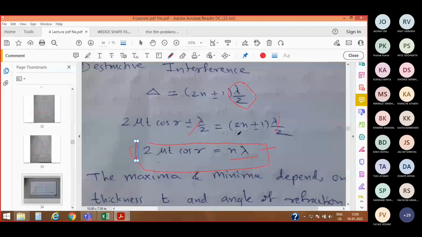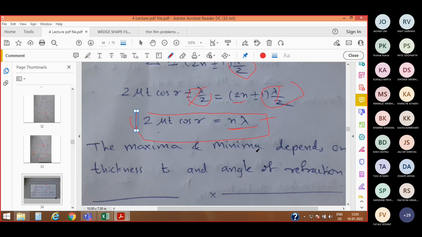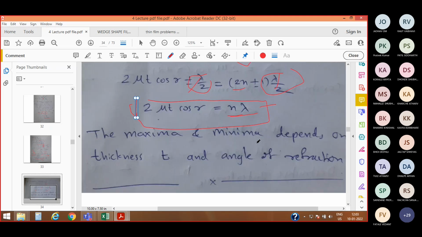And this 2n, if this comes here, then 2 cancel हो जाएगा और n आपको फाइनल आंसर मिलता है, n lambda. ये जो है, this one will cancel out with this one. But if you multiply this with this, then you will get the n lambda.